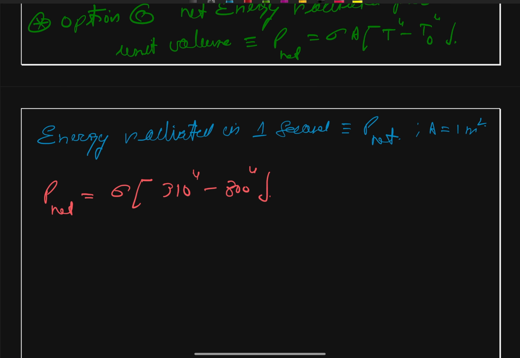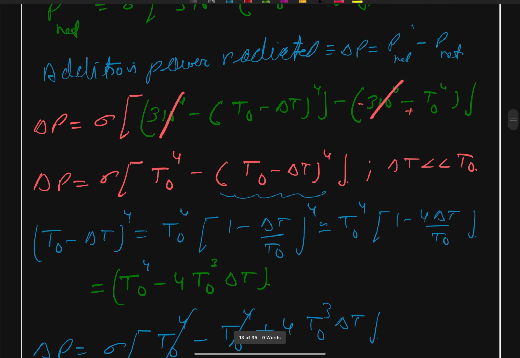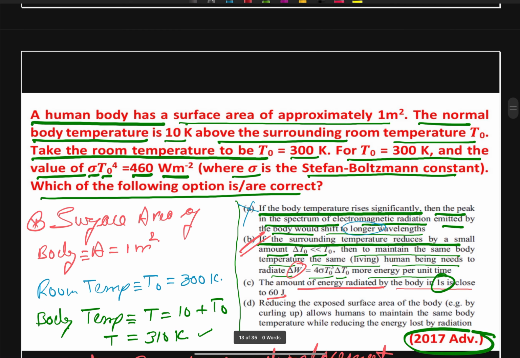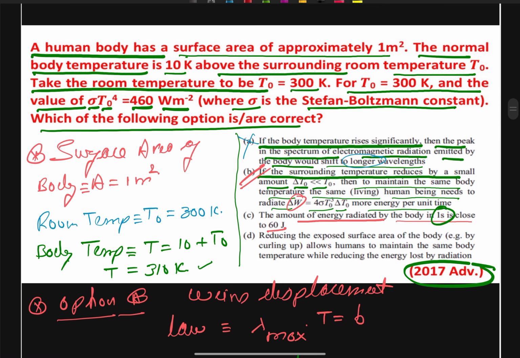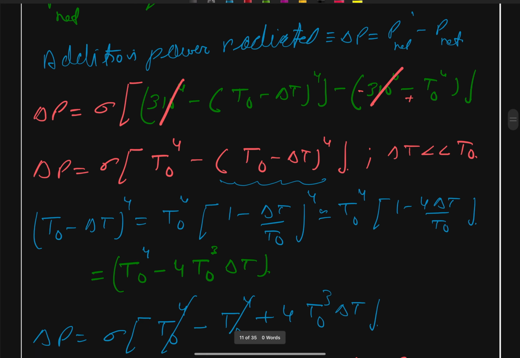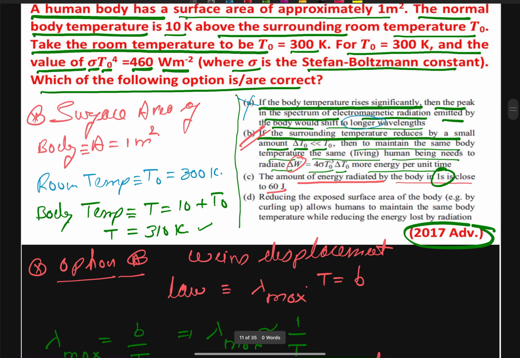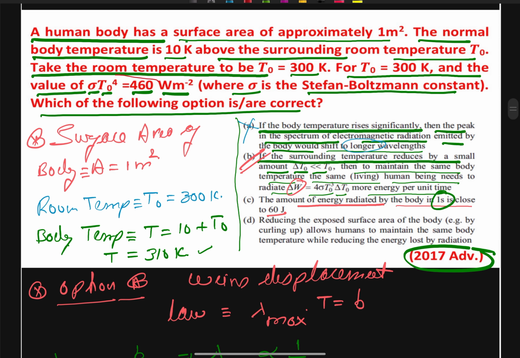And Boltzmann constant we also know is 5.6. Okay, Boltzmann constant is not given, but it's a standard value. We can also find it out, because we are given that the product of Boltzmann constant and T naught 4 is 460.